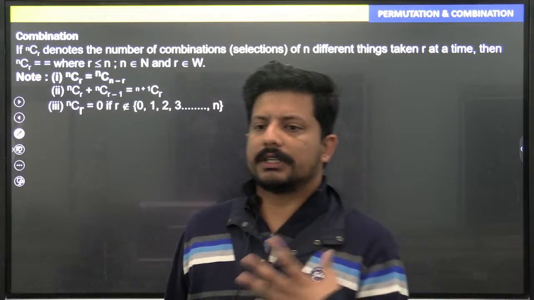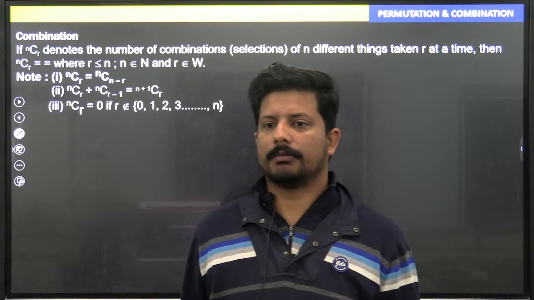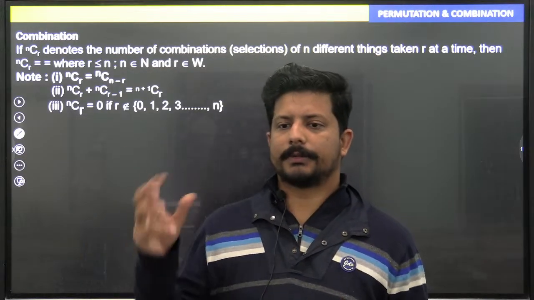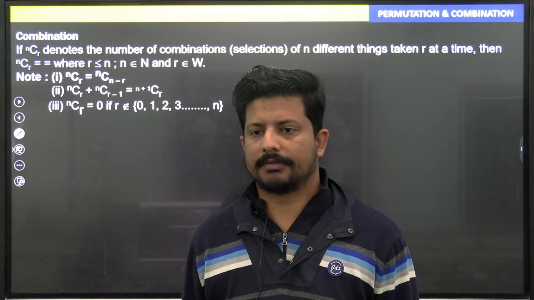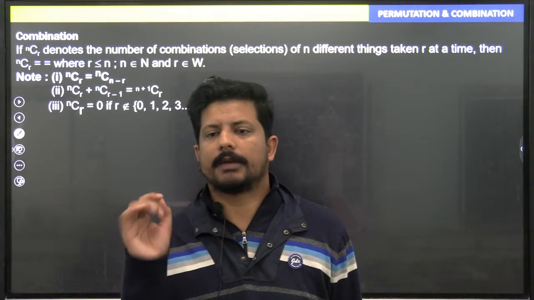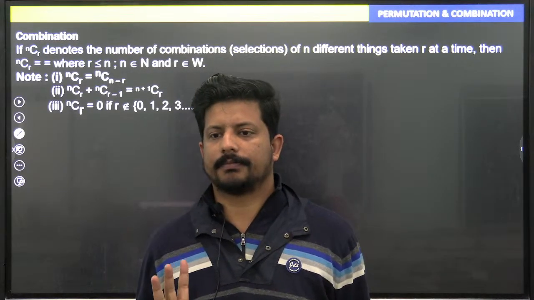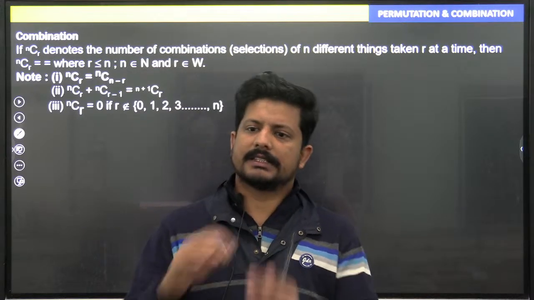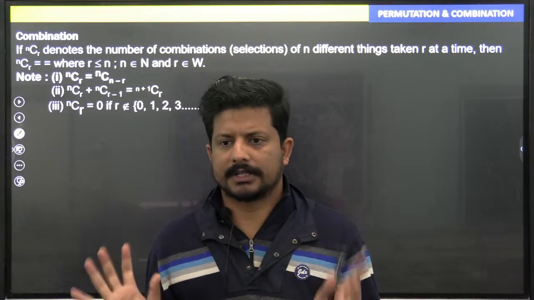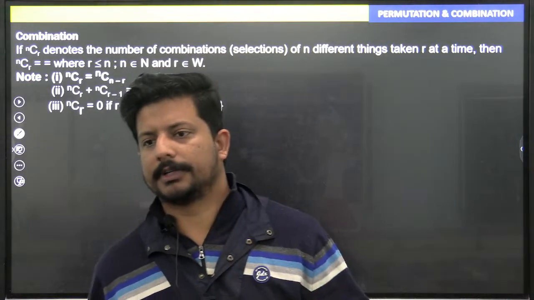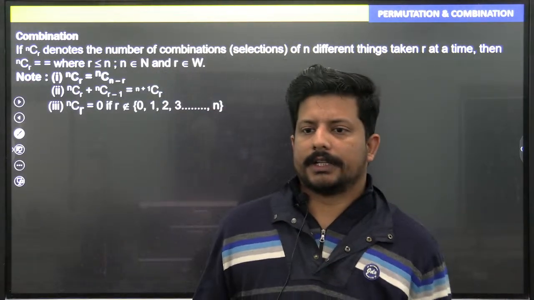Whenever you see in a real life problem that a T20 team is announced and 15 players are selected for the World Cup, they are not saying that Virat Kohli is always first, because he is the first choice, or Rohit Sharma is the second choice. They are just giving the 15 team members' names. It might be Virat Kohli comes at 5, Rohit Sharma comes at 15, but they are in the team.